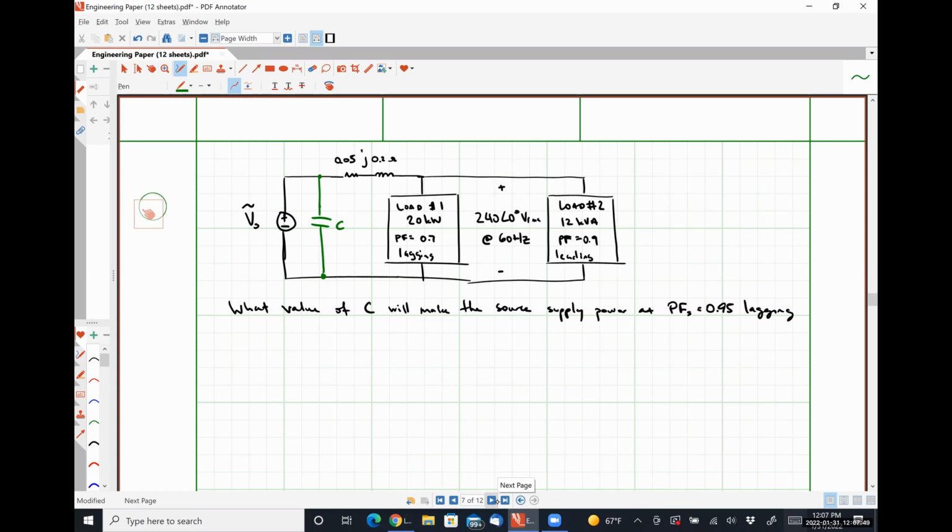To get to that point, let's figure out the complex power for load 1, the complex power for load 2, and the complex power of our transmission line. So complex power for load 1. Anybody have any thoughts how we could determine that based on the information that we're presently given?